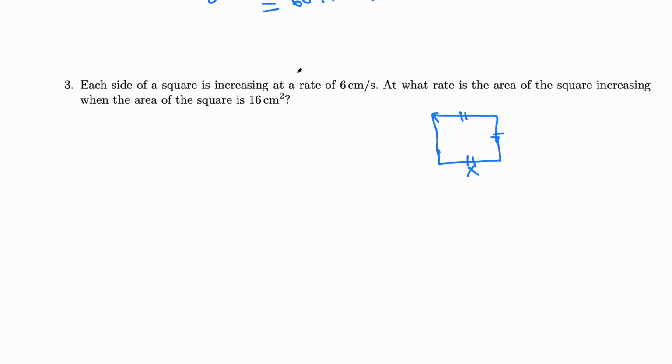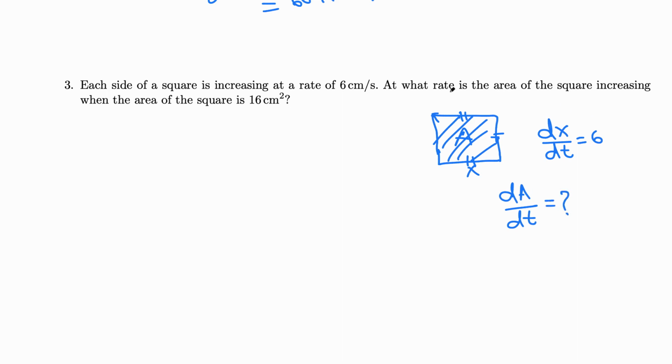Each side is increasing at a rate of 6 centimeters per second. So dx over dt, the rate of change of the side, is 6 centimeters per second. At what rate is the area of the square increasing? When the side is increasing, the whole area is increasing. Now we want to determine the rate of change of area.